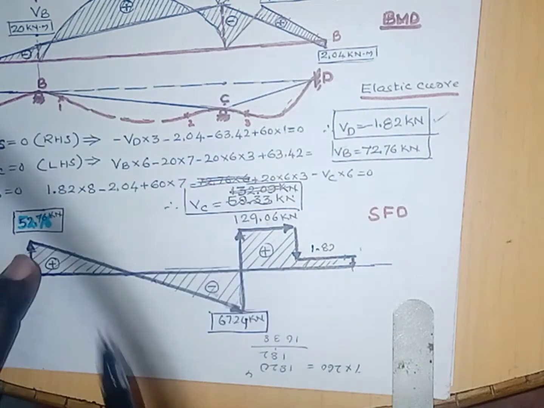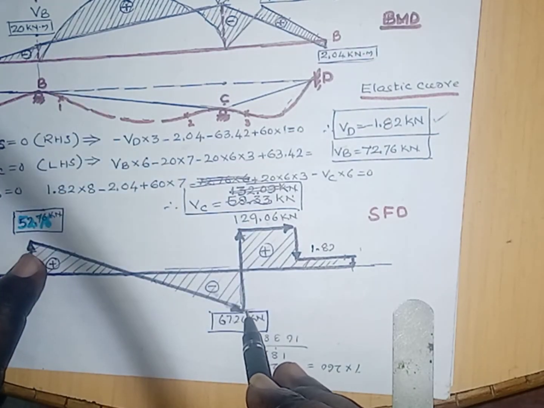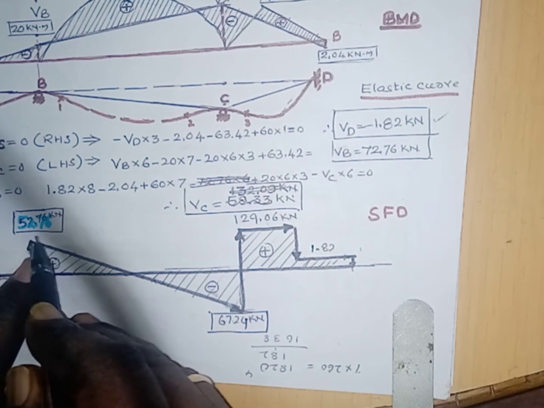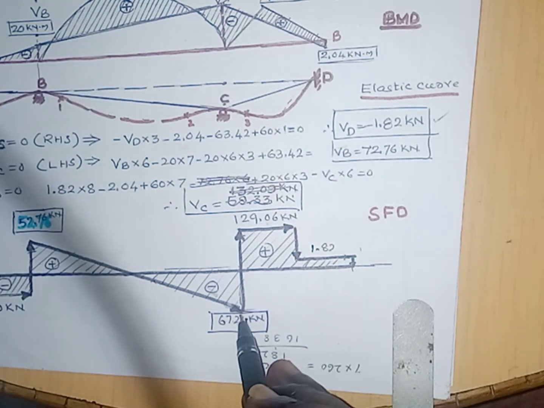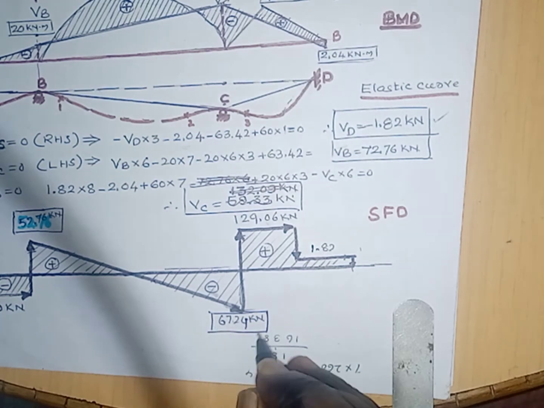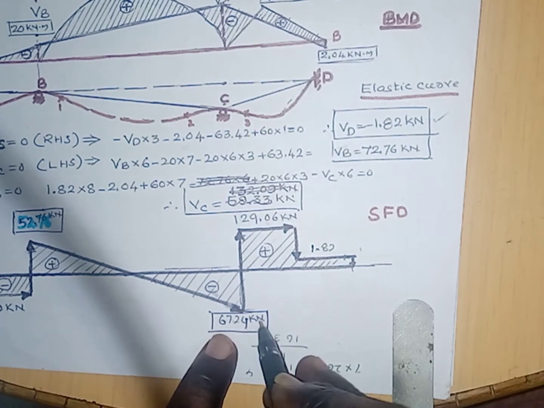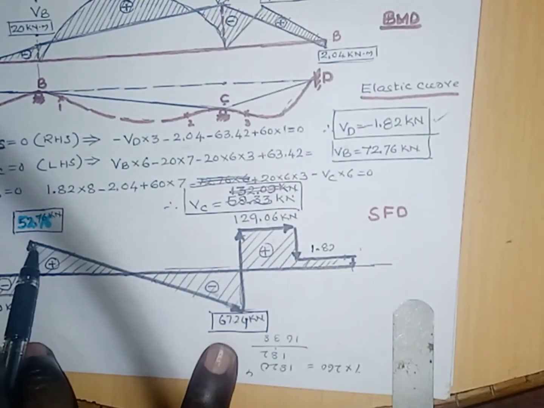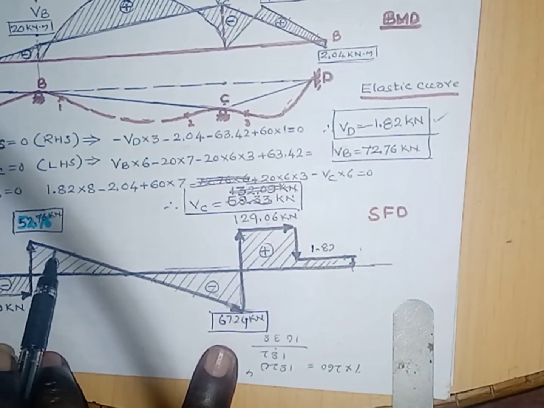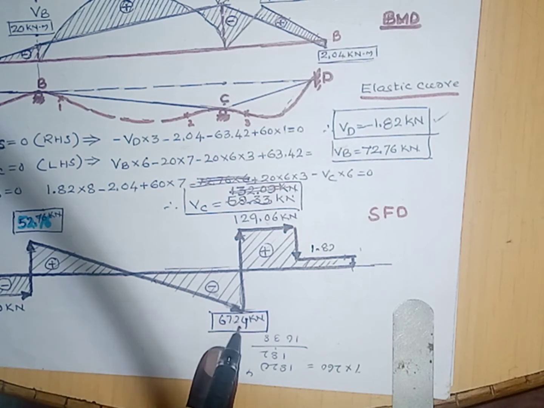Here because of this UDL from B to C, 52.76 minus 20 into 6, that is 120, this one is minus 67.24 kilonewton. Then the shear force varies from 52.76 to minus 67.24 like this.